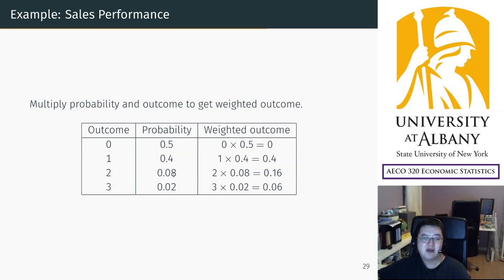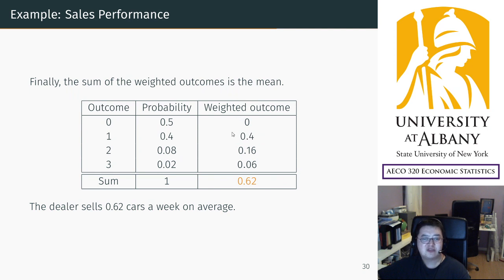If you multiply, it becomes 0.16, which is another probability weighted outcome. And finally, 3 times 0.02 is another probability weighted outcome. So there are 4 probability weighted outcomes: 0, 0.4, 0.16, 0.06. This is an intermediate step.